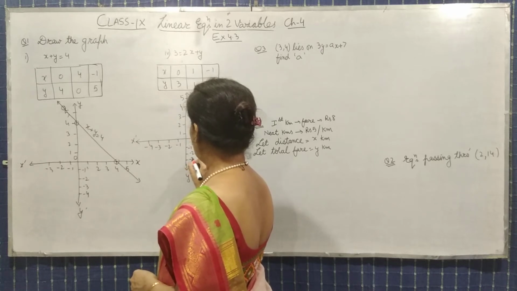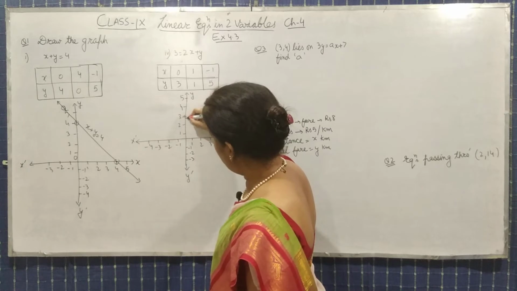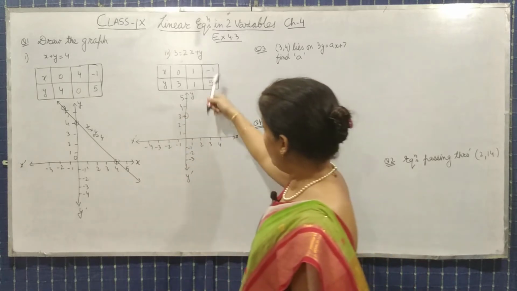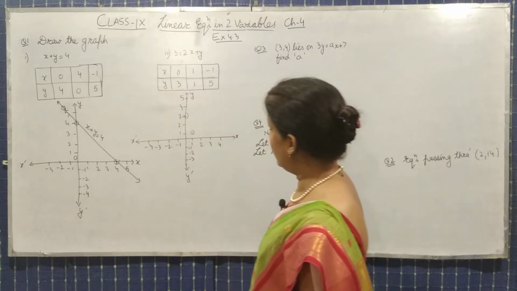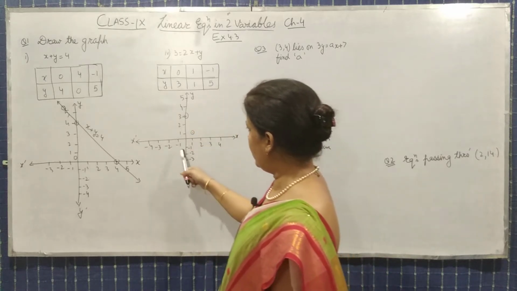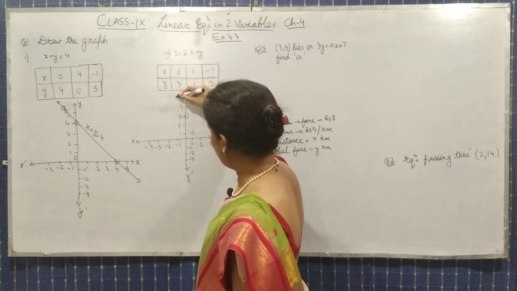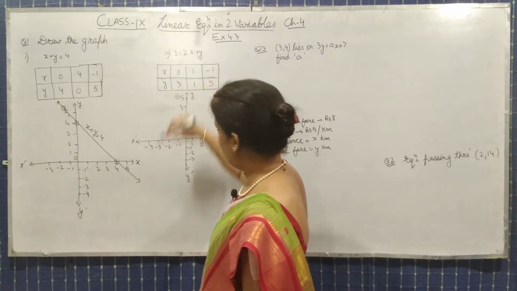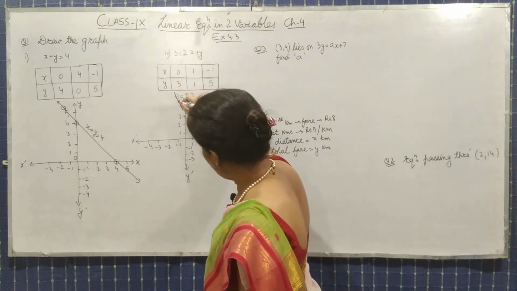Okay. Now 0 and 3. This will be the first coordinate. 1 and 1, 1 and 1. Here it is minus 1 and 5. X is minus 1 and y is 5. So somewhere here. What should be the next step? Join them.